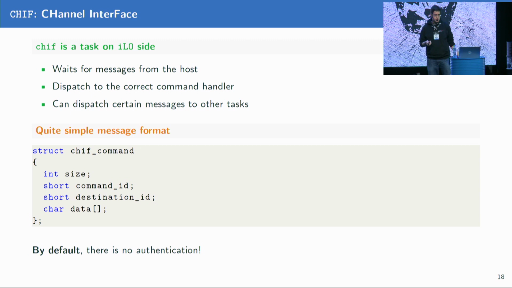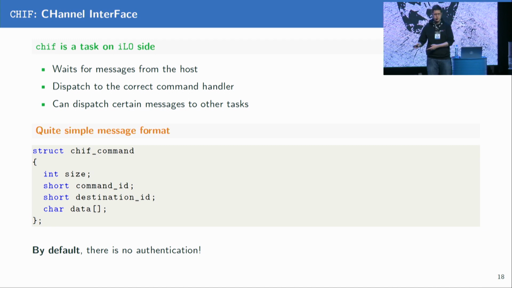The message format is quite simple: a length, a command ID, a destination ID, which tells which task is the final destination, and finally the specific data for the command. The important thing is that by default there's no authentication, so the host is considered secure from the ILO. You can always, by default, talk to the ILO from the host.